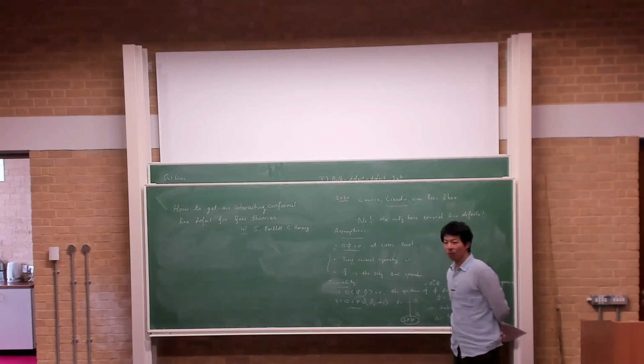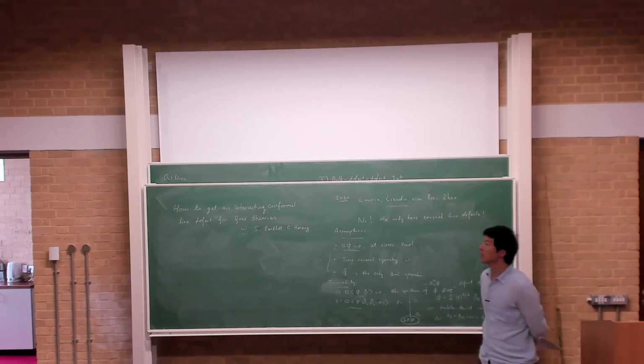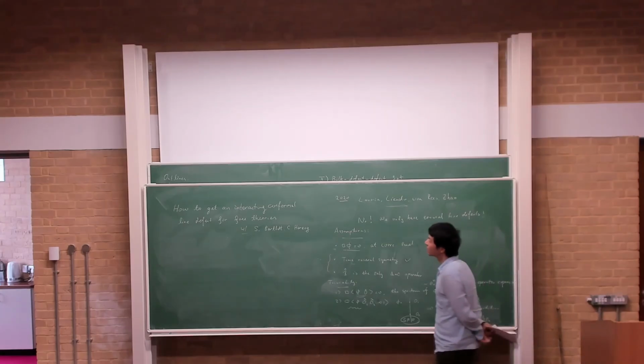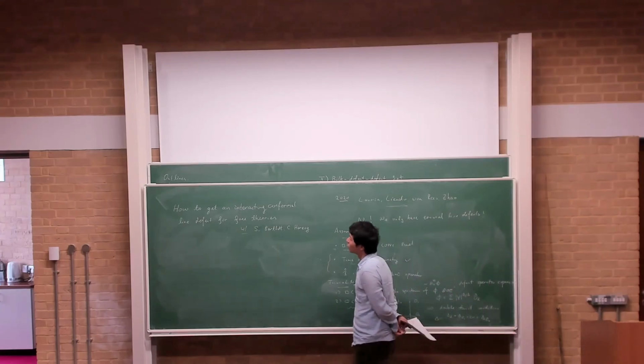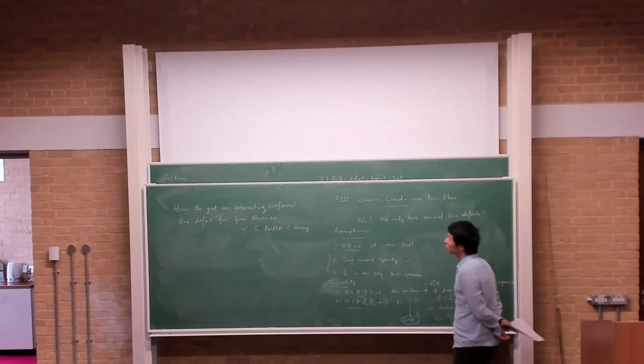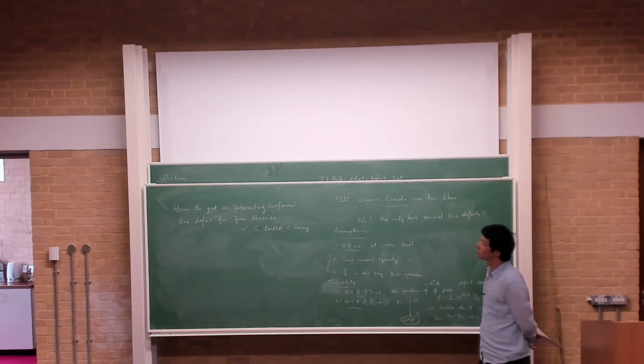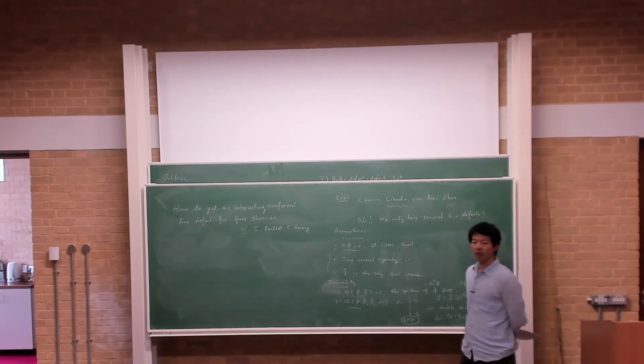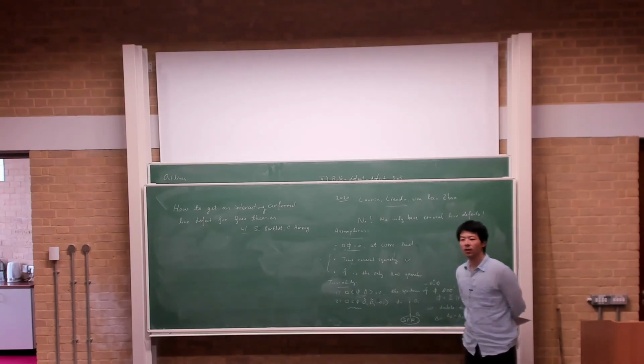You mean a codimensional 1 defect? Maybe in that case, we cannot really get an inversion breaking cross ratio.